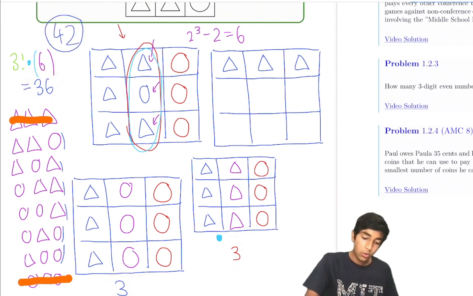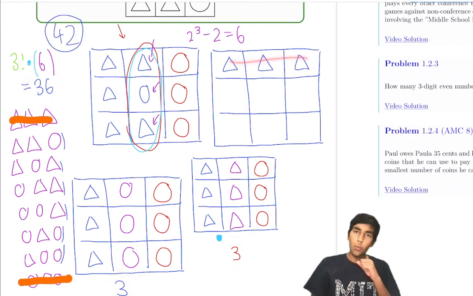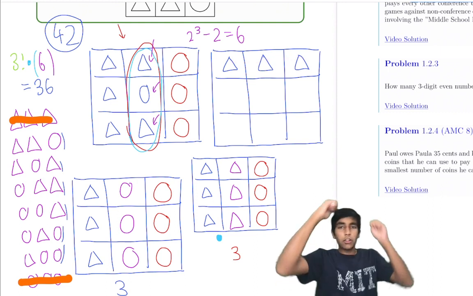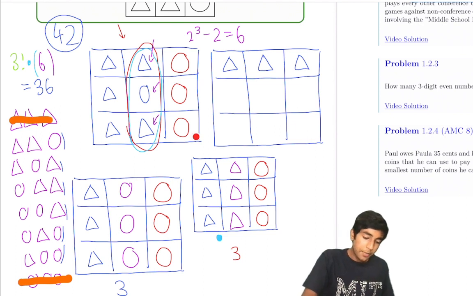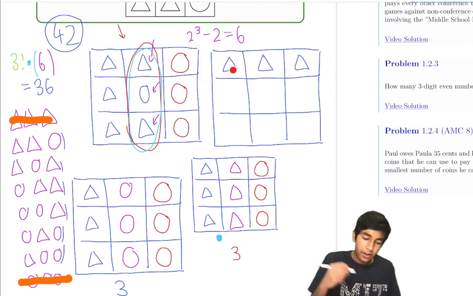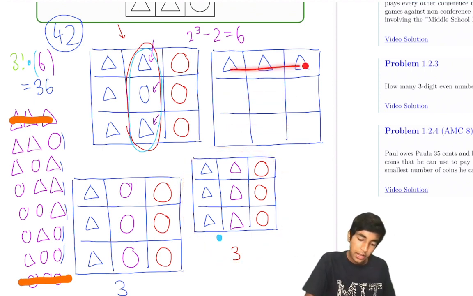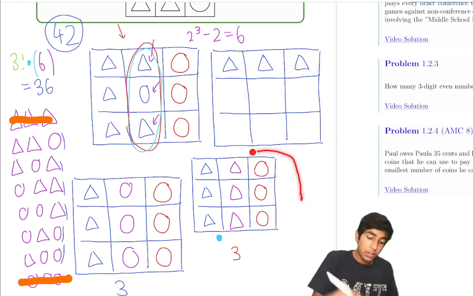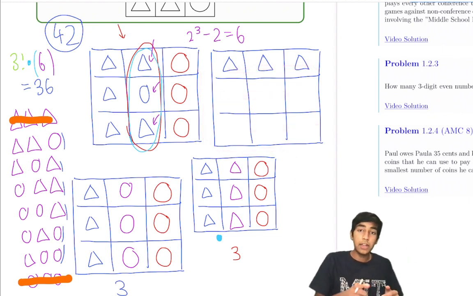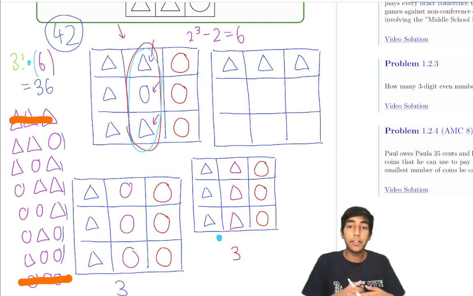What about 3 triangles horizontally? Now, we don't have to do all the casework again. Notice just if you rotate this whole figure, we get a row of triangles, a row of circles, a row of random. Over here, rotate it. Triangle, triangle, circle. The number of cases to having them vertically is the same as the number of cases having horizontally, because they're symmetric.